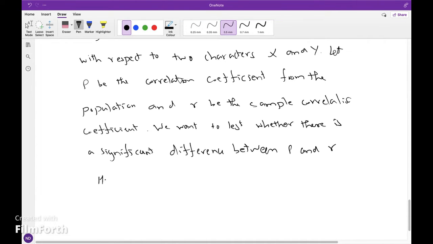Here H naught: rho is equal to r. Alternative hypothesis: rho is not equal to r.